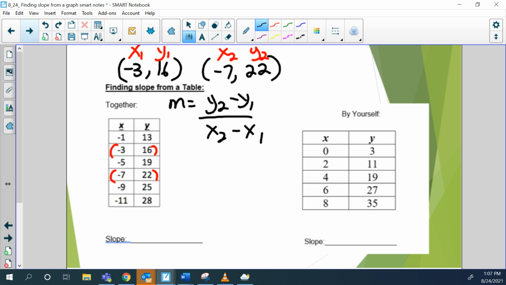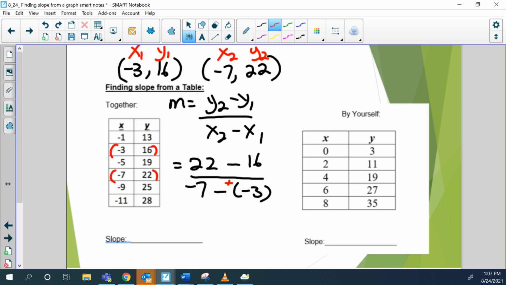All right, and so if we do that, that's going to give me my y2 is 22. So it's 22 minus my y1 is 16 over my x2 is -7 minus my x1 is -3. So this is going to give me a positive right here.